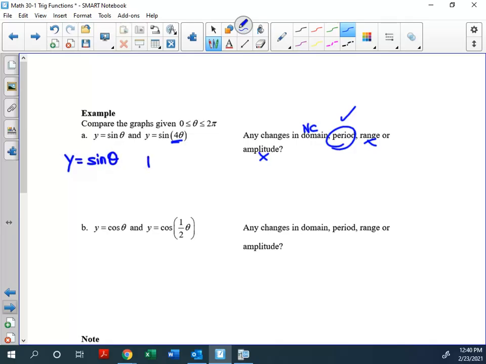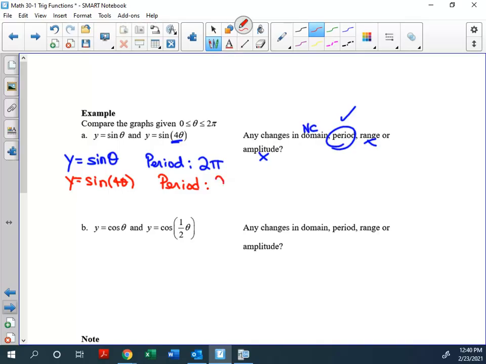What was the original period for sine? 2π, 1 rotation. When I do my transformed graph of 4 theta, how am I going to find it?